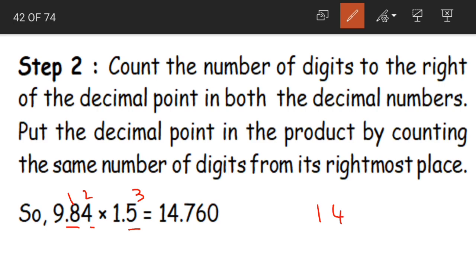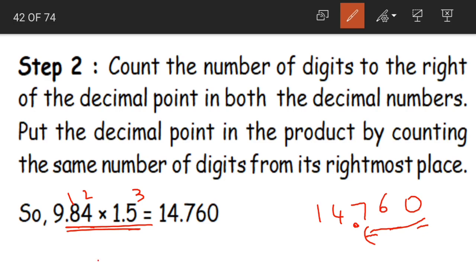So in our number, that is in our product 14760, we have to place our decimal point after 3 decimal places from the right. Understood children? Right? If we consider both the given numbers, there are 3 decimal places. So in the product, we have to place the decimal point after 3 digits from the right.